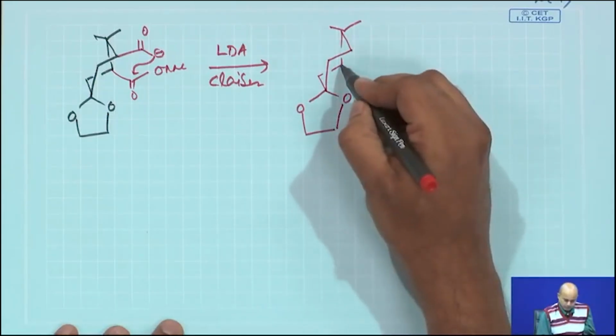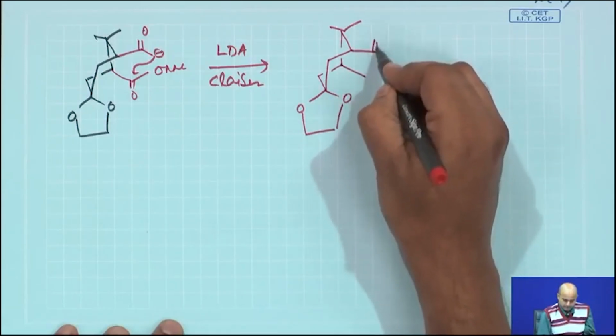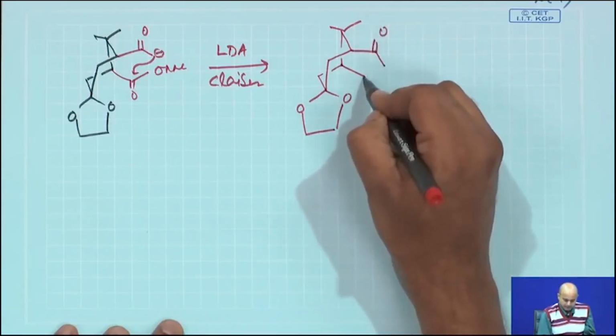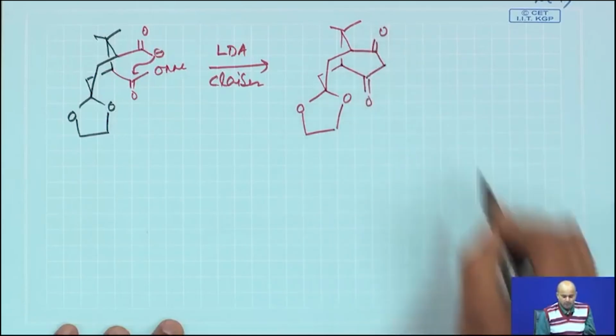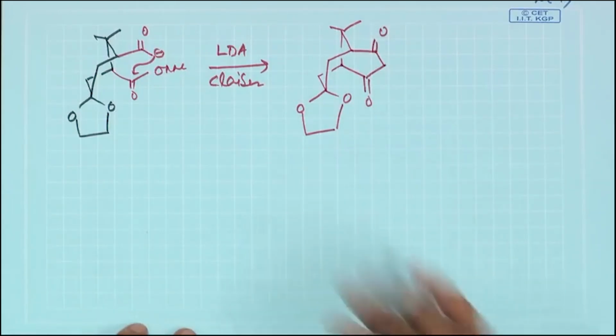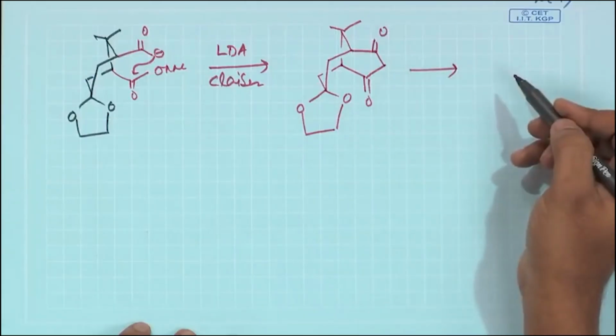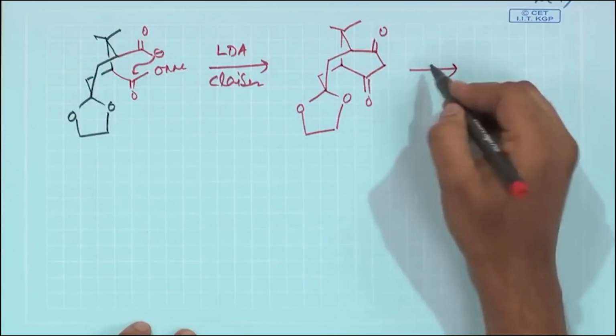So, now if you see, you basically have this 1,3 diketone. Now, this is also a symmetrical diketone, symmetrical diketone. So, fine. Now, these diketones can easily be analyzable.